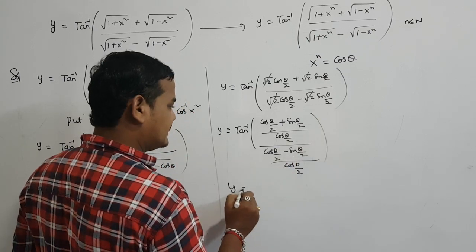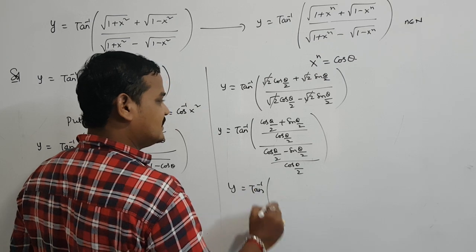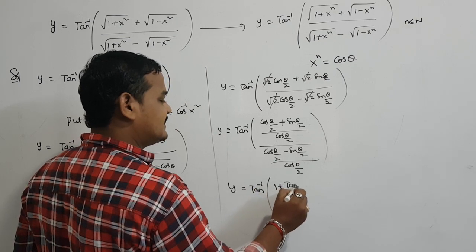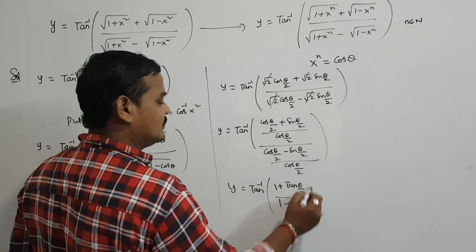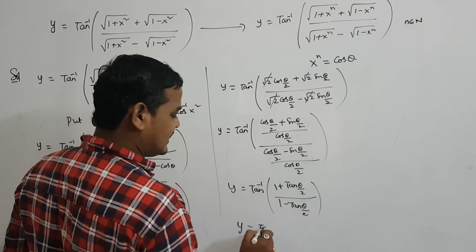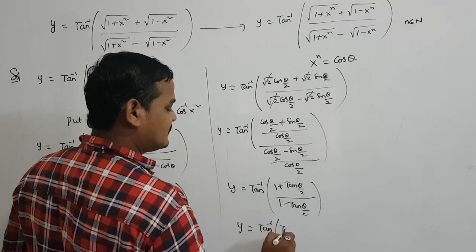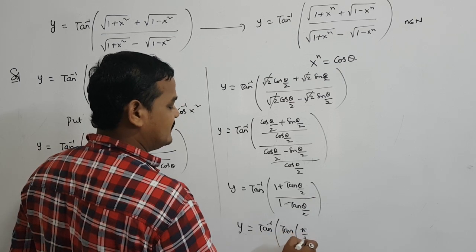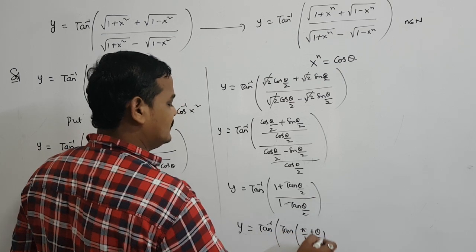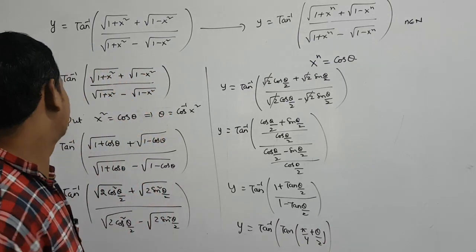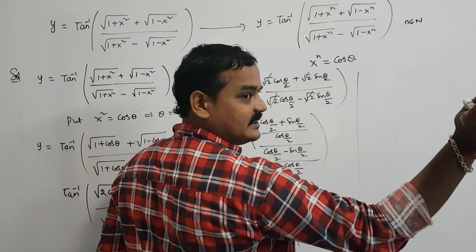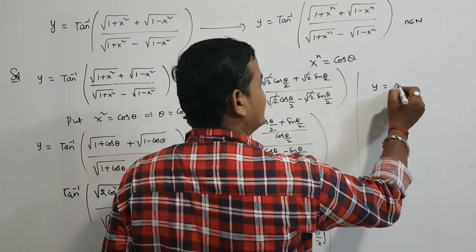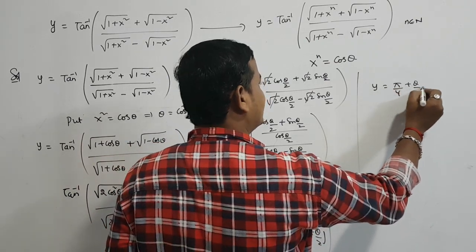So finally you get y is equal to tan inverse of 1 plus tan theta by 2 by 1 minus tan theta by 2. This is the formula, tan of pi by 4 plus theta by 2. Both can be cancelled, and you get y is equal to pi by 4 plus theta by 2.